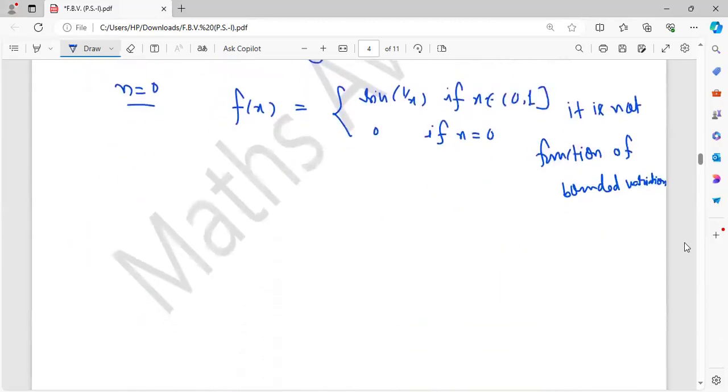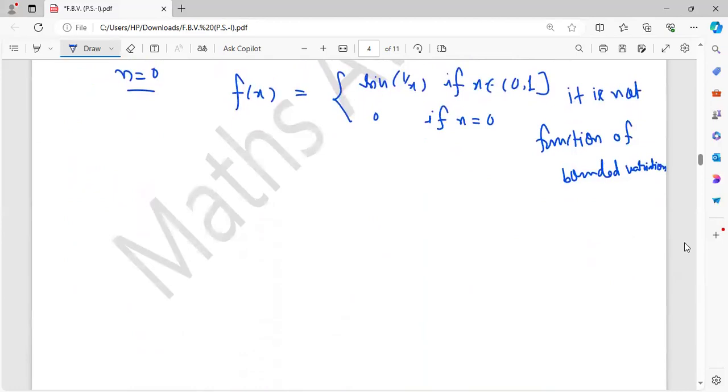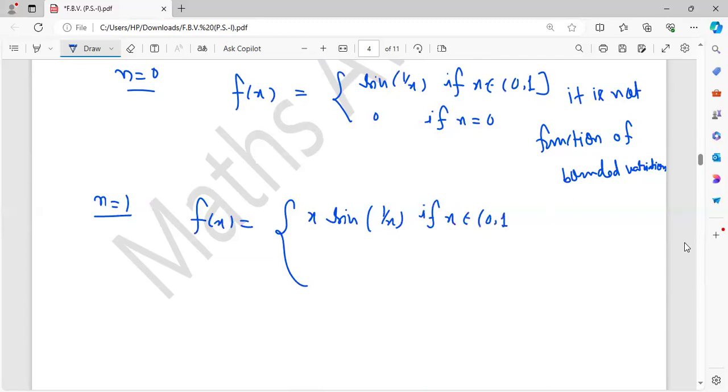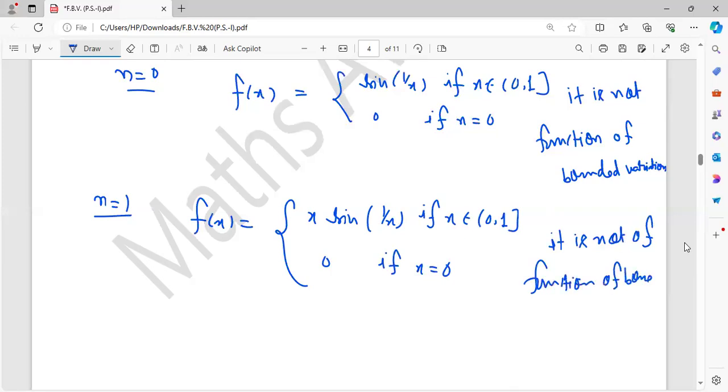What about n equal to 1? At n equal to 1, you have this one. This is also not a function of bounded variation. You can take the same partition and check that this function is not of bounded variation.